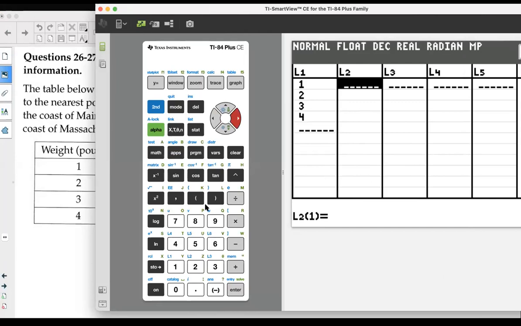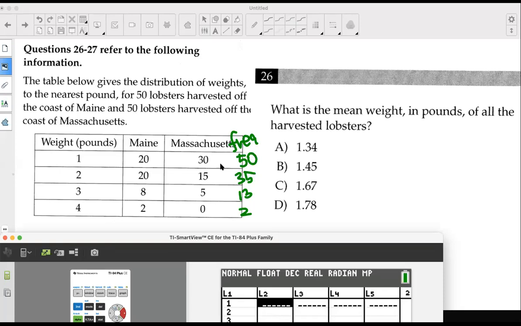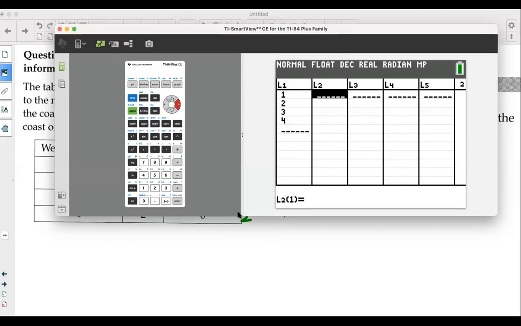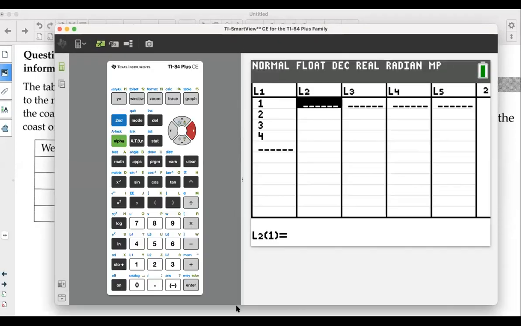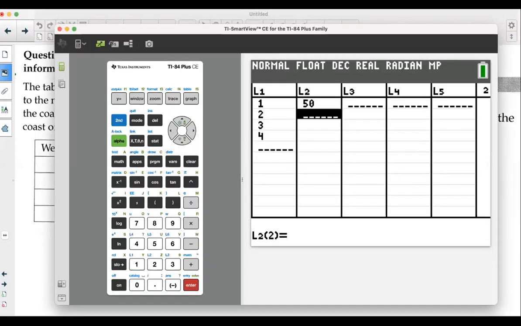L2, I need to type in the frequency here, which is 50, because I got to combine them together. 50, 35, 13, and 2. So here I have 50. Oh, I forgot the second one. 35, 13, and 2.